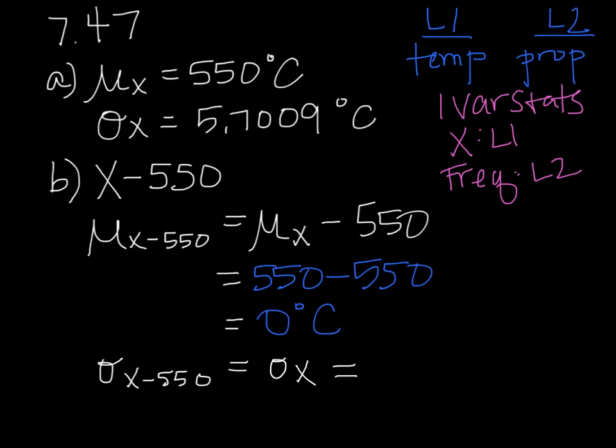Our standard deviation will still be our original standard deviation from the initial distribution, and so that will be 5.7009 degrees Celsius. So for this new random variable, x minus 550, we have a mean of 0 and a standard deviation of 5.7009.